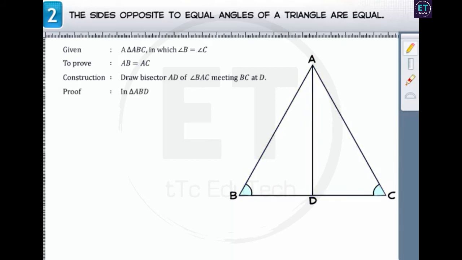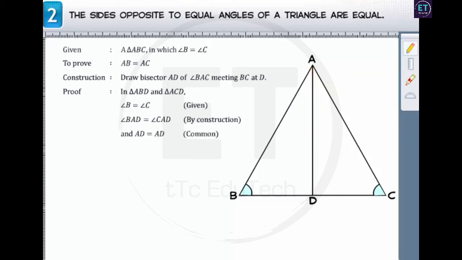In triangle ABD and triangle ACD, we are given that angle B is equal to angle C. Angle BAD is equal to angle CAD, since AD is bisector of angle A, and side AD is common to both the triangles.